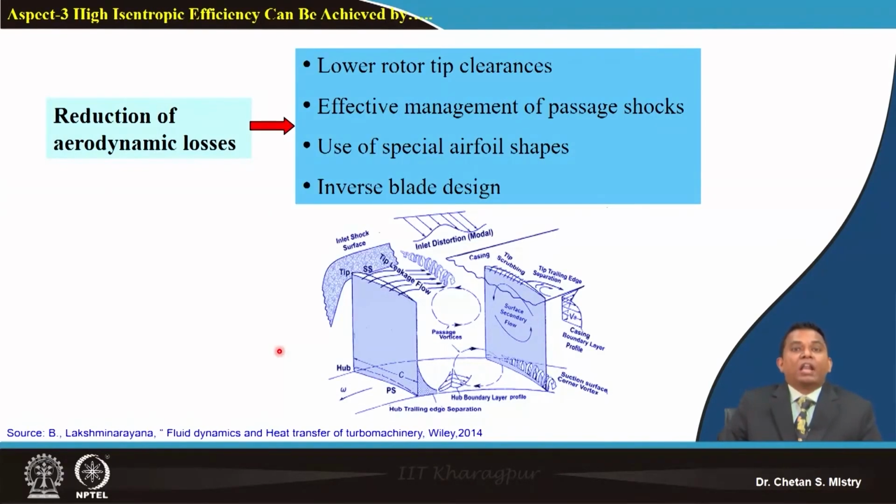It says higher isentropic efficiency of the compressor. What we know is that my efficiency is directly related to the losses. If we are able to minimize the losses, we are able to improve or increase the efficiency.